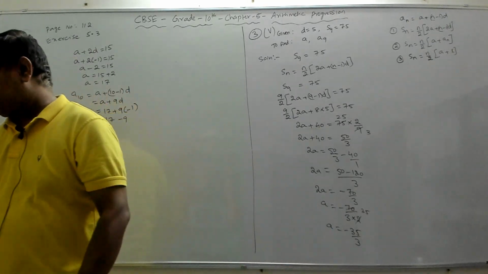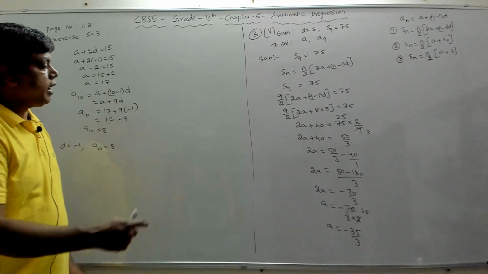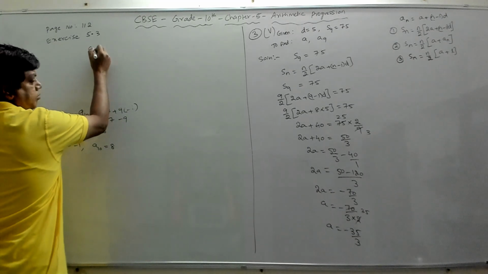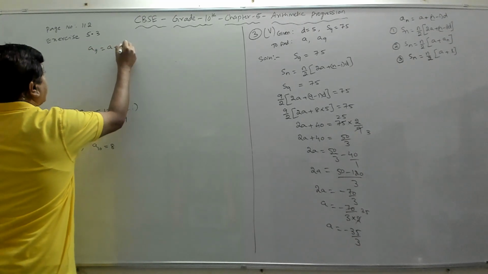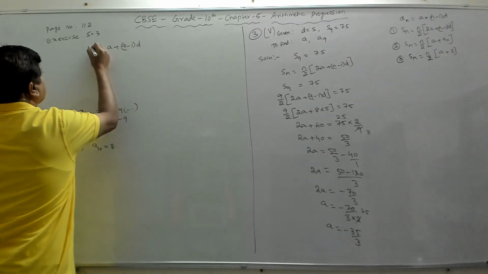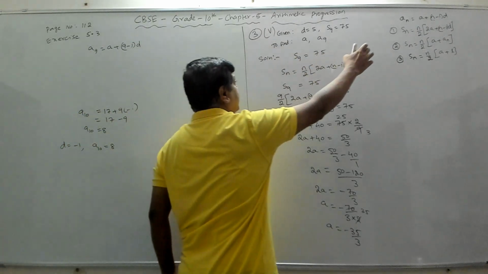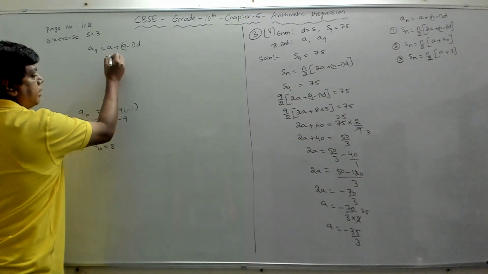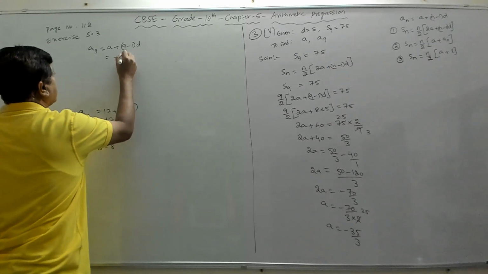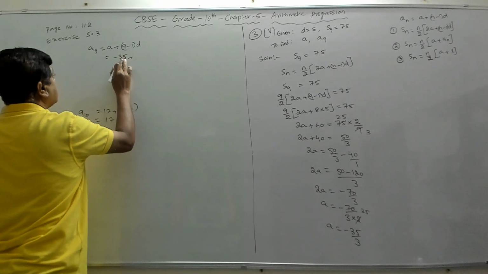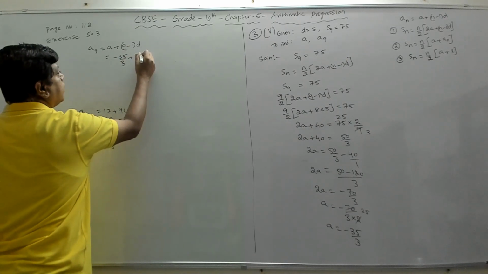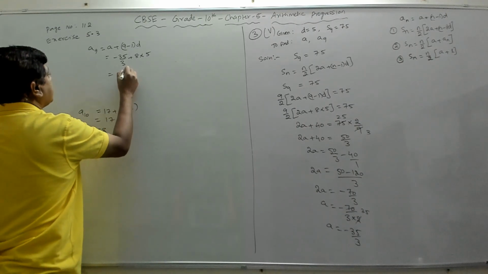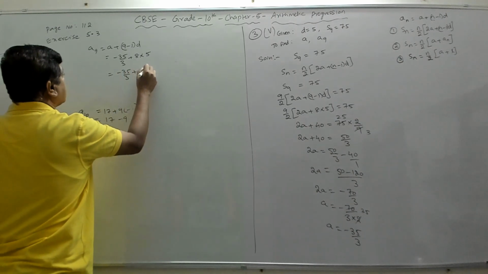Now we have found the first term. Now we should find a9. What is a9? a9 is a plus 9 minus 1 into d, because we are using the formula an equals a plus n minus 1 into d. We found a as minus 35 by 3, plus 9 minus 1 is 8, into d, d is 5. So that becomes minus 35 by 3 plus 40.